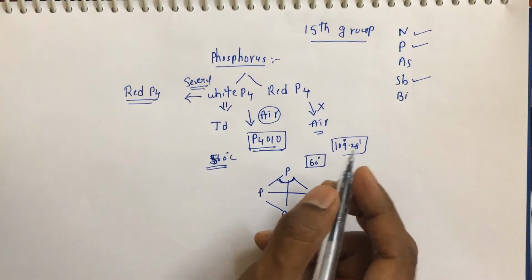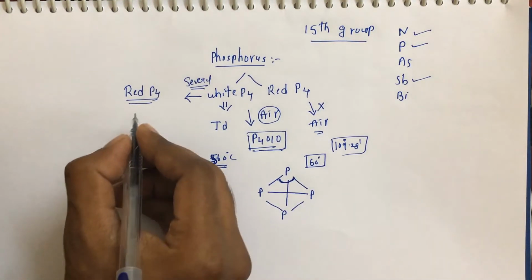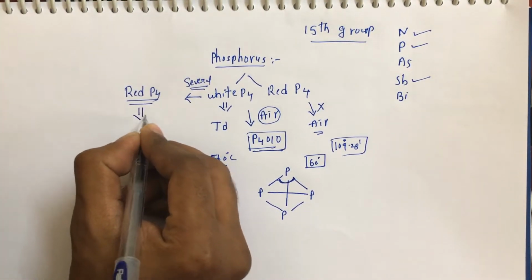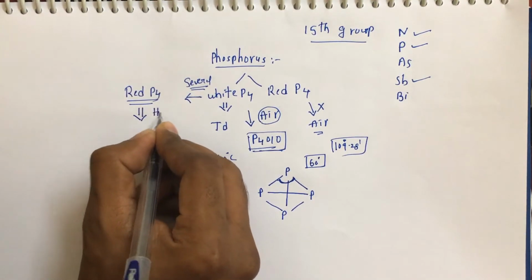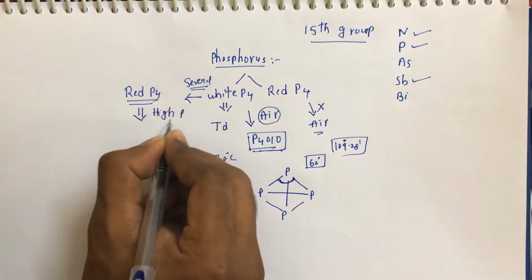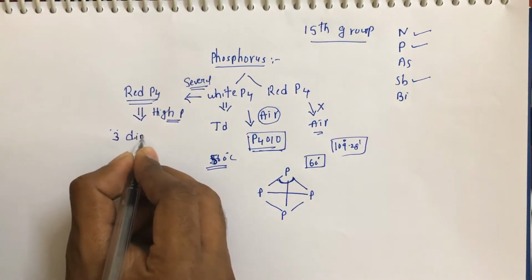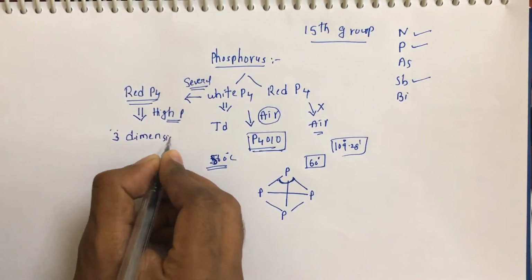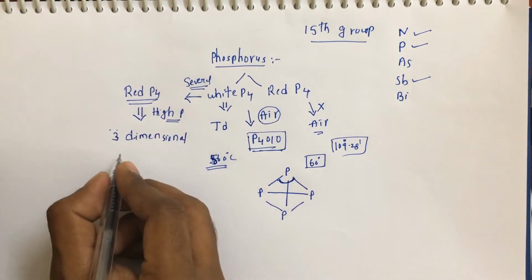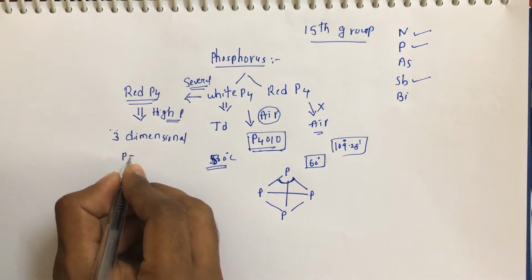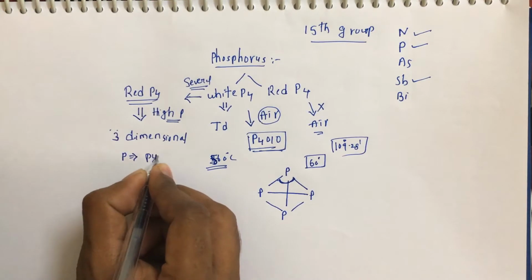And if we heat red phosphorus at high pressures, it forms a three-dimensional structure, in which phosphorus is arranged in a pyramidal structure.